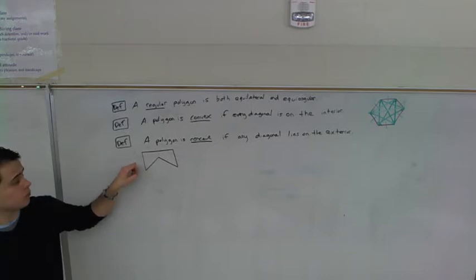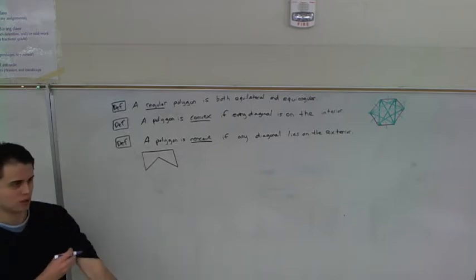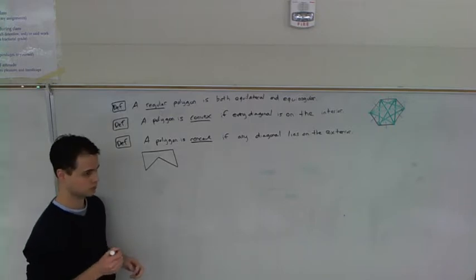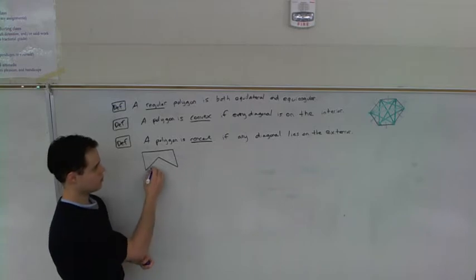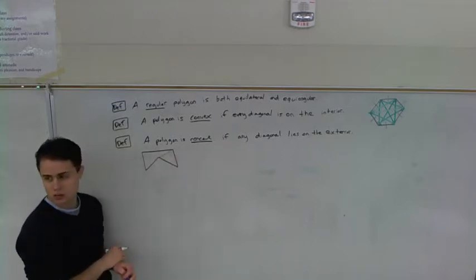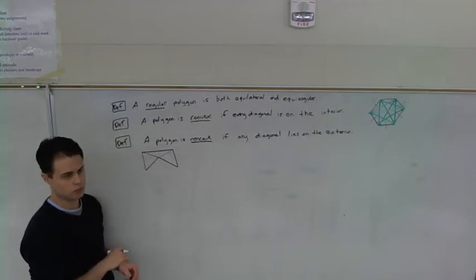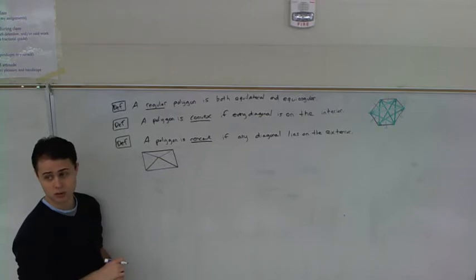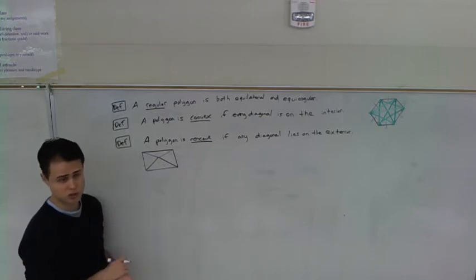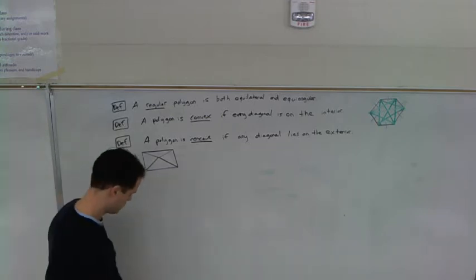Is it concave or convex? It's concave because you've got diagonals on the inside, but you've also got that one because it shoots up. Is that inside? There's a diagonal that's outside. So that guy's concave because one of them's outside. If any one or more of them are outside, it's concave.